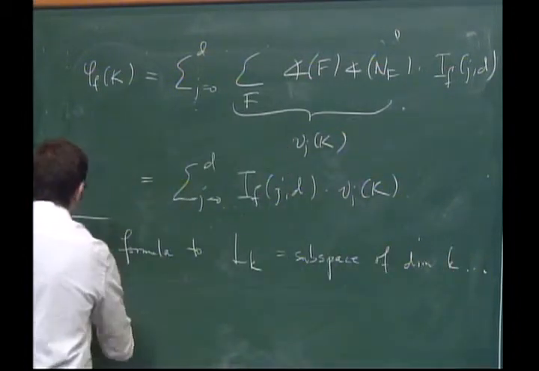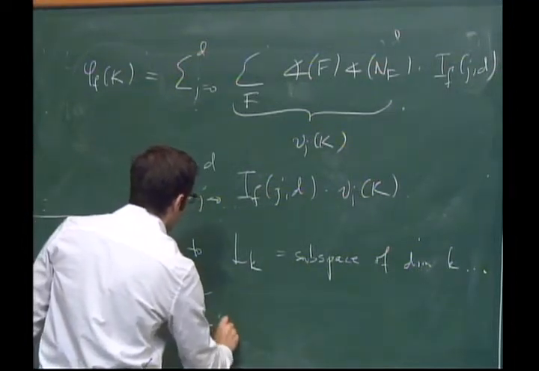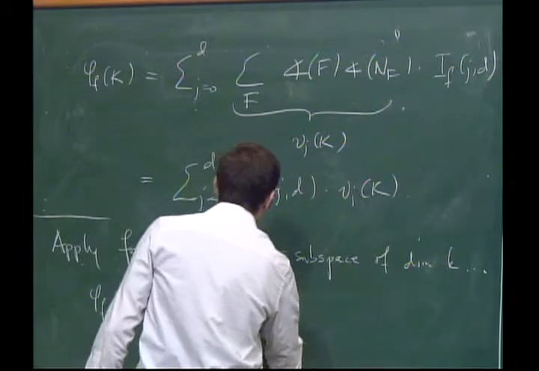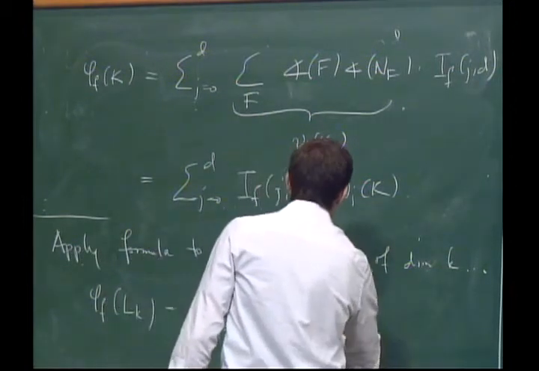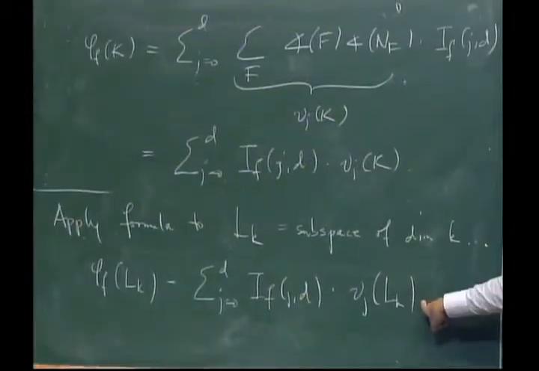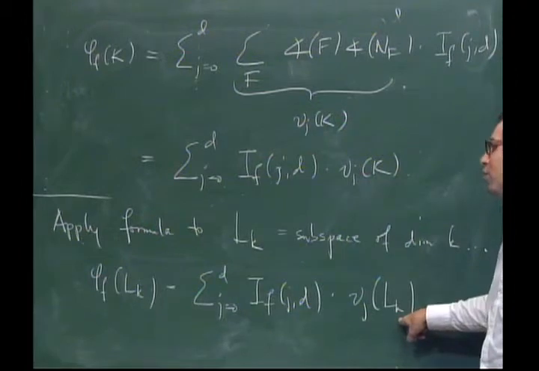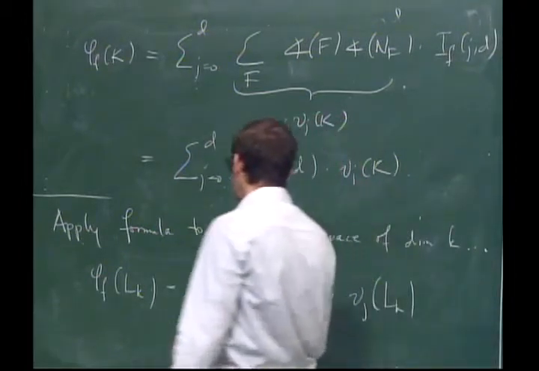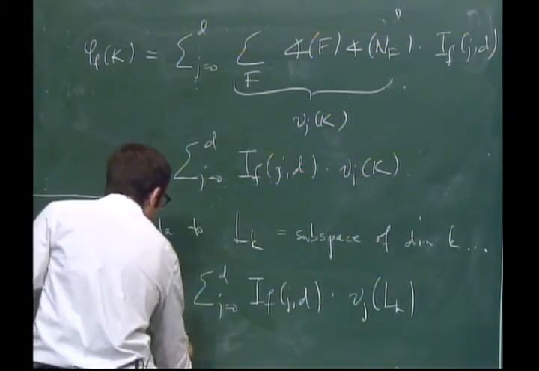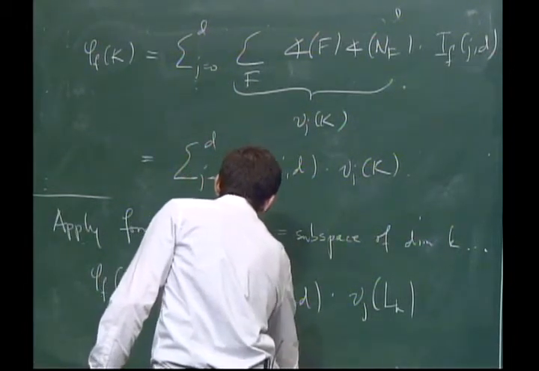That'll give me phi_f of L_k equal to the sum from j equals 0 to d of I_f(j,d) times V_j of L_k. What's this? This is a Kronecker delta. It's equal to 1 only if j equals k. So this collapses to I_f(j,d).